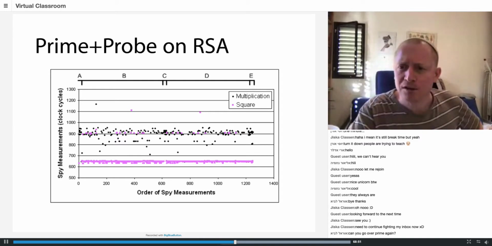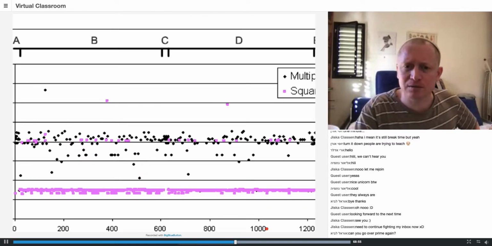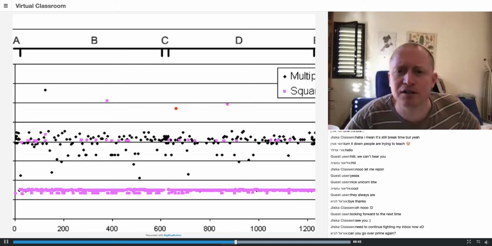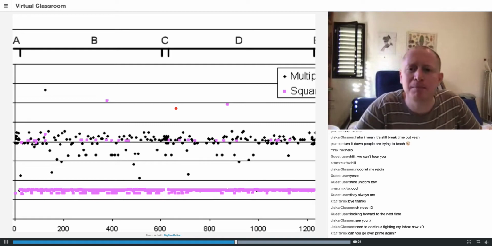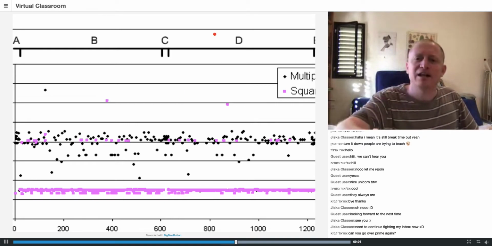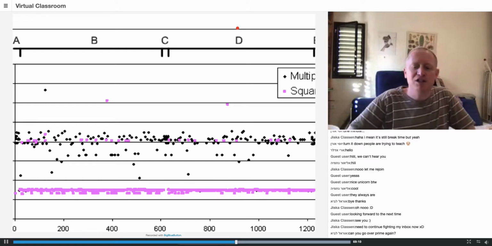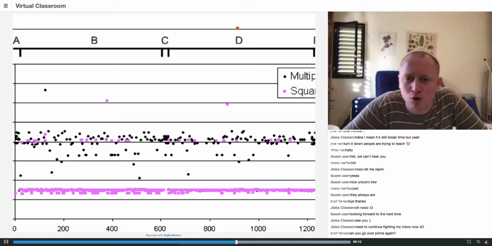So now let's turn on the shared whiteboard and also simultaneously zoom in a little. You can all play around with your cursors here. So can somebody please place your cursors at one position in time, one bit of the key where squaring did not occur, when there was no squaring.